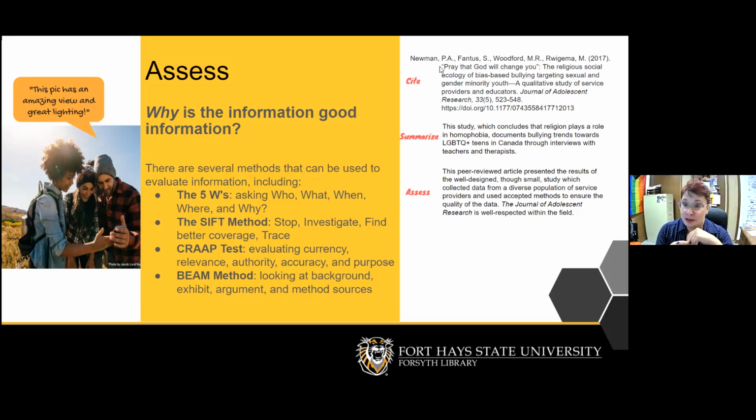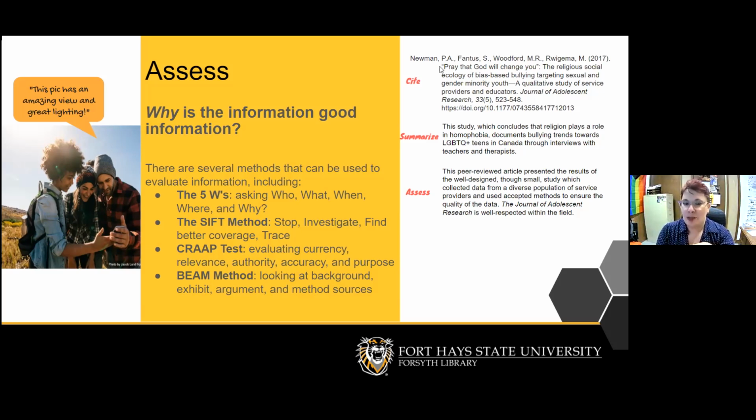If there's better coverage of the information, trace the references, and go backwards from there. We have the very popular CRAP test, which you evaluate the currency, relevance, authority, accuracy, and purpose of a source. And this assessment does kind of follow the CRAP test.